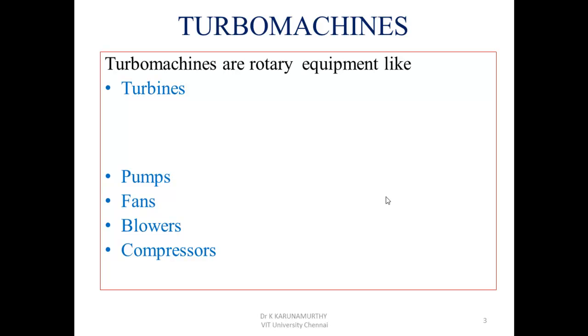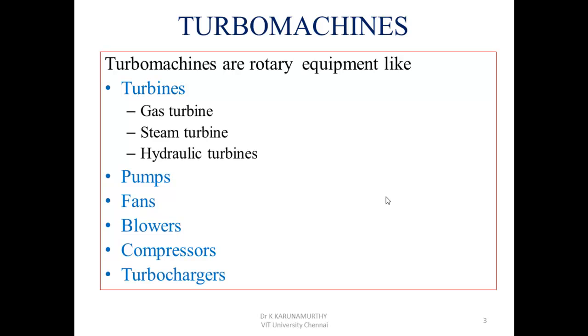All these we call turbomachines. Within turbines, we have different types like steam turbines, gas turbines, and hydraulic turbines. Also these days in automobiles we use turbochargers to increase the performance of the engine, which also come under turbomachines.